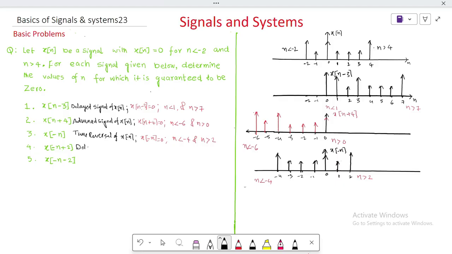So delayed of x of minus n, delayed by 2 units. Just shift x of minus n to the right by 2 units.